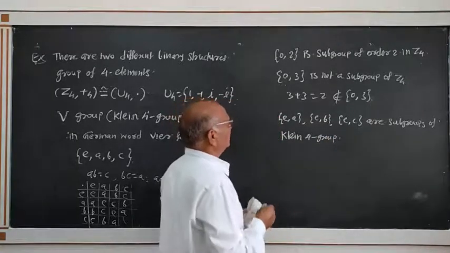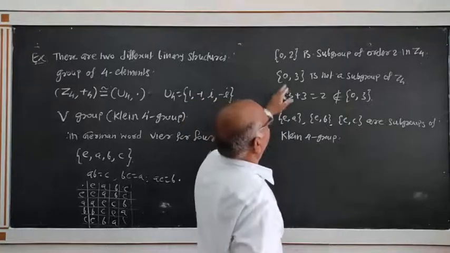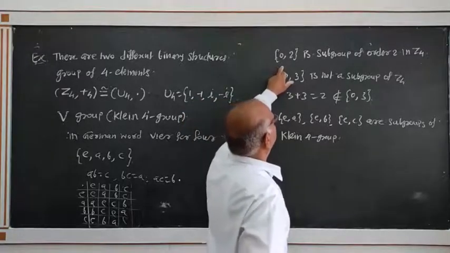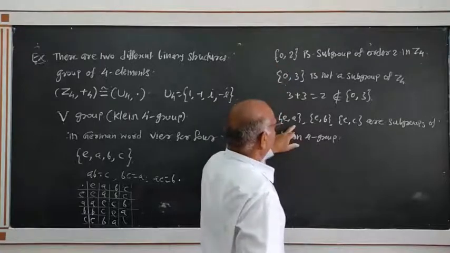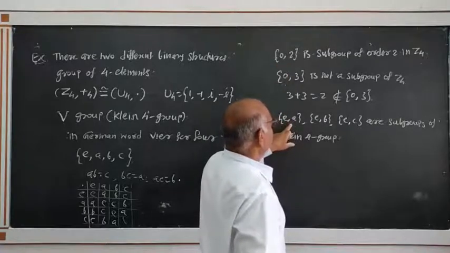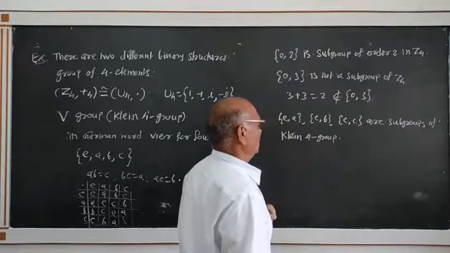In the group Z4, there is only one subgroup of order 2. Here, there are 3 subgroups of order 2.